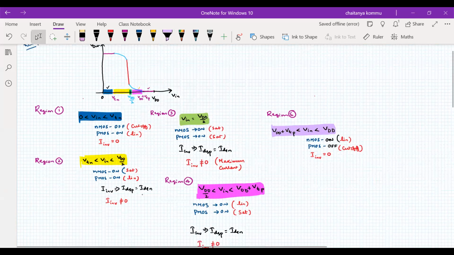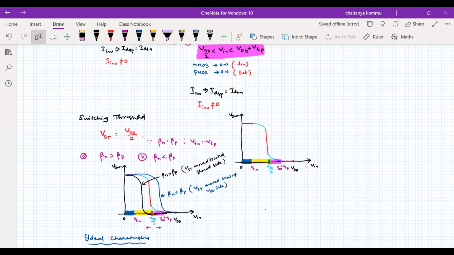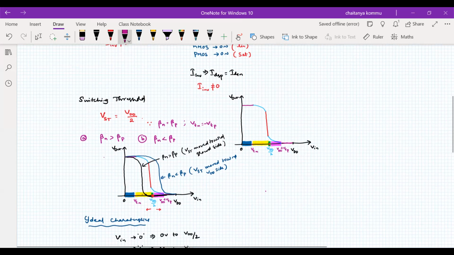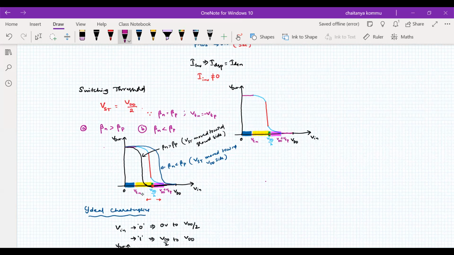Now, we found that regarding the switching threshold of a transistor, our expectation is that the switching threshold should be at the middle point. If you want to get the middle point, we have to assume that beta n is equal to beta p. Normally, what will happen in two cases? If beta n is greater than beta p, that means the beta n is more than that of the beta p.